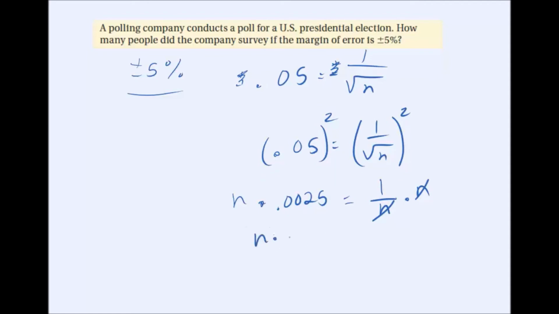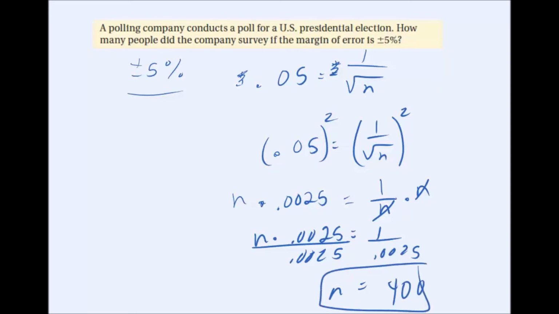Then we have n times 0.0025 equals 1. Divide by 0.0025 on both sides. We have n is equal to 1 divided by 0.0025, which is 400. So they polled about 400 people.